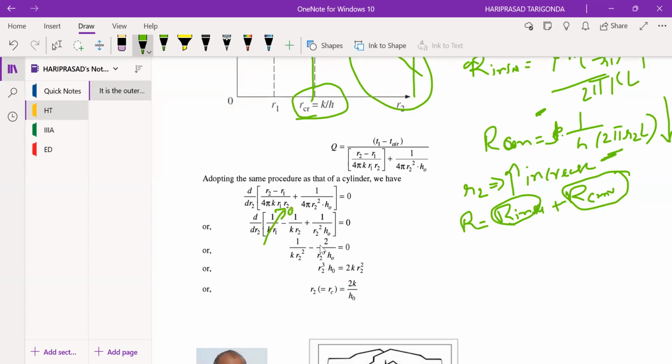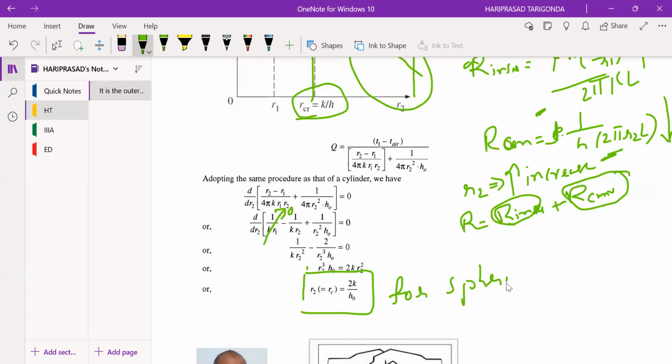Differentiation of 1 by k R2 gives 1 by k R2 square, and differentiation of 1 by R2 square gives minus 2 by R2 cube. Finally, from this you get the expression for the critical radius of insulation, 2k by h, for a spherical coordinate system.